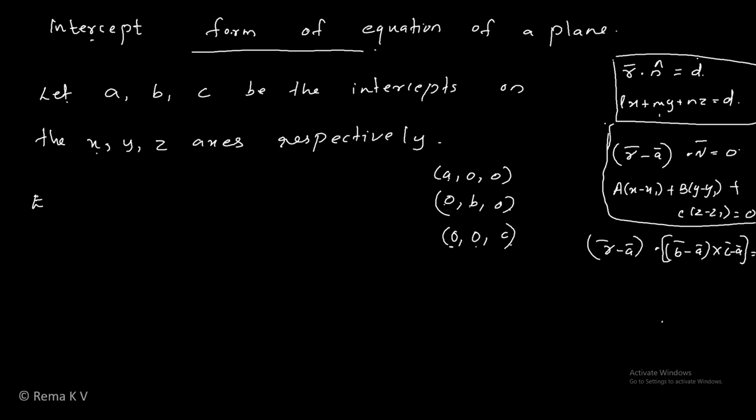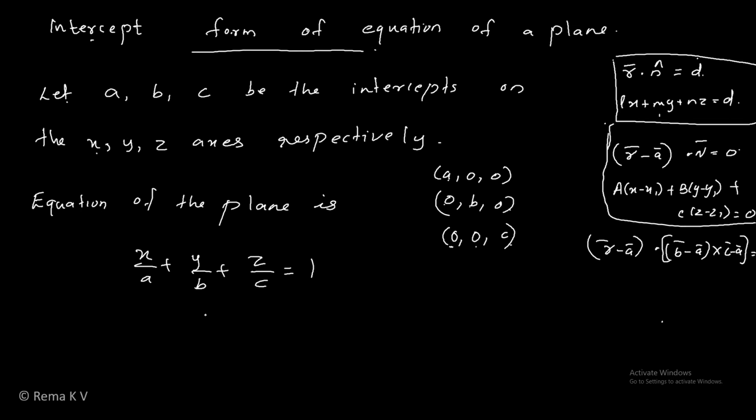Then the equation of the plane is x by a plus y by b plus z by c is equal to 1. So this is the equation of the plane in intercept form.